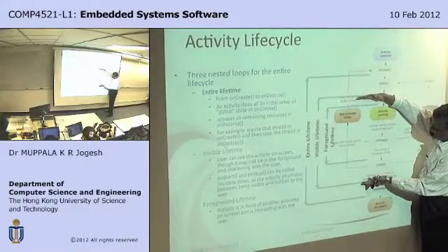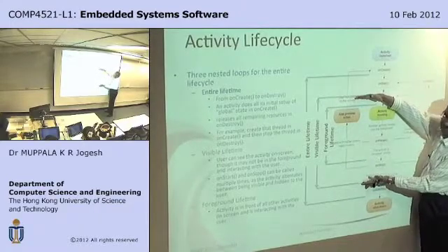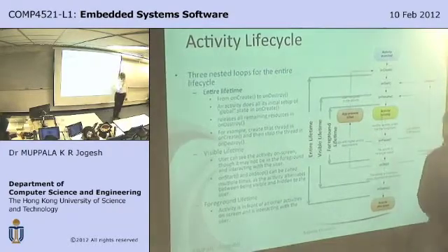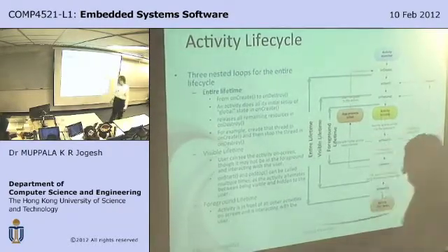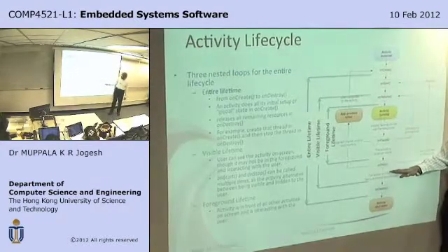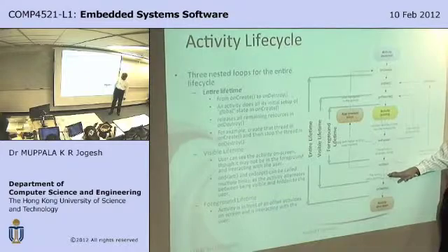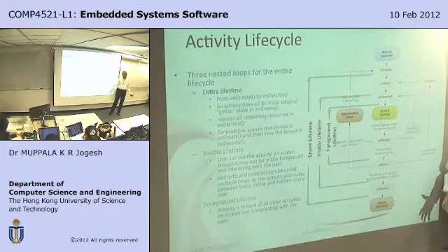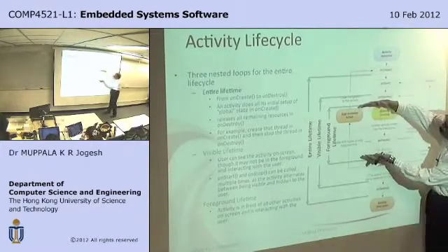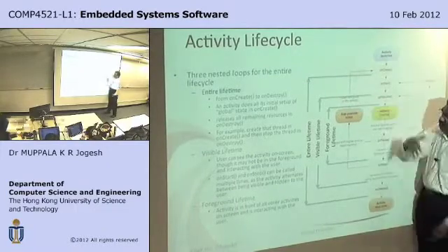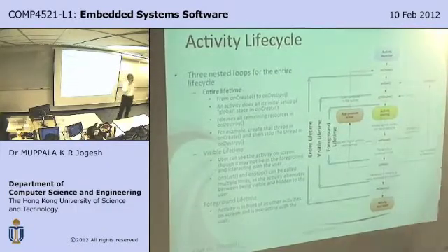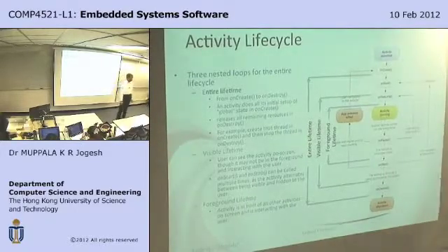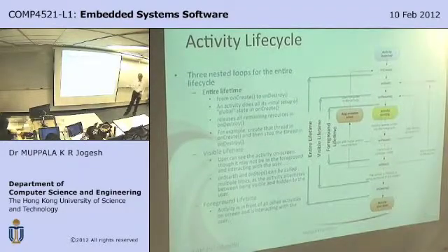Between this point and this point, you talk about what is called the visible lifetime of the activity. That means that the activity is somehow visible to the user. When the activity is outside the visible region, it's not available to you. Between these two points, your activity is in the foreground region. Foreground meaning it is controlling the screen, and it is the one that is going to respond to events on the screen.